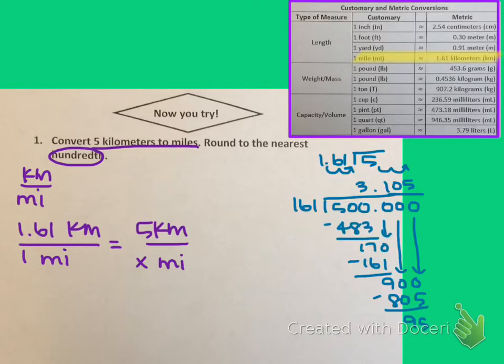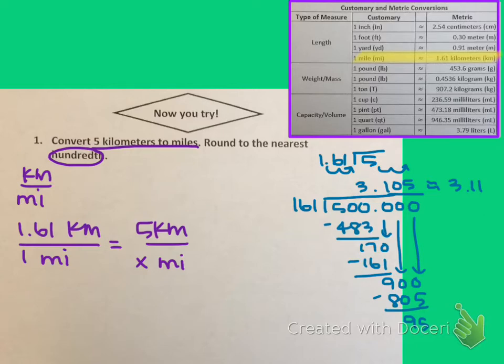When I divide this out, I get 3.105. Now, the problem says to round to the nearest hundredth, so let's go ahead and do that. If I round this to the nearest hundredth, we're going to get 3.11, or 3 and 11 hundredths. So this means if I multiply 1.61 times 3.11, I should get 5.